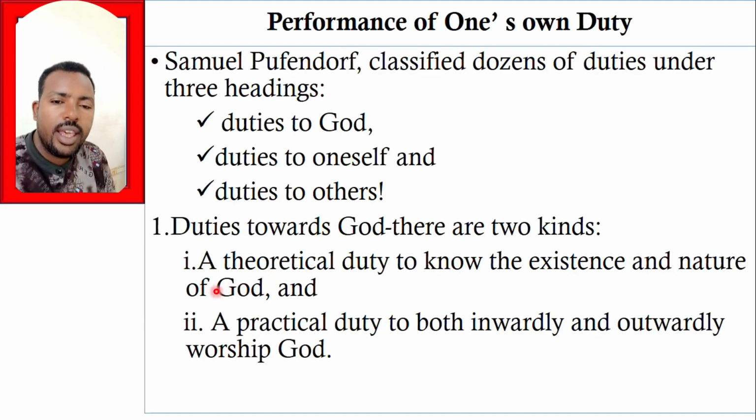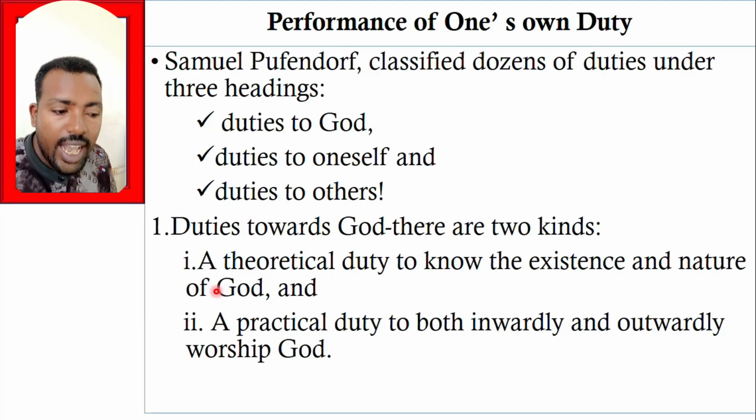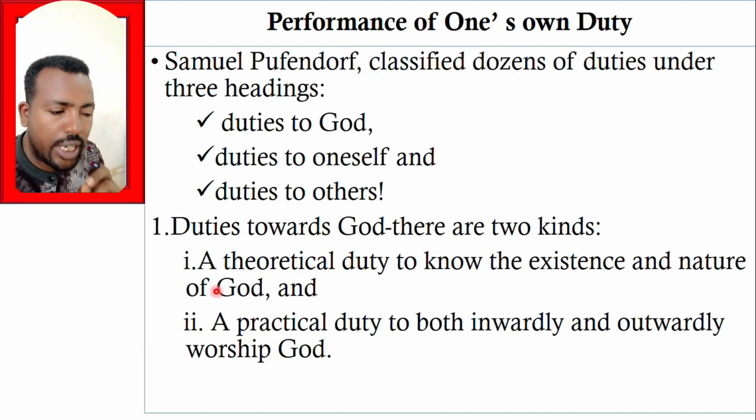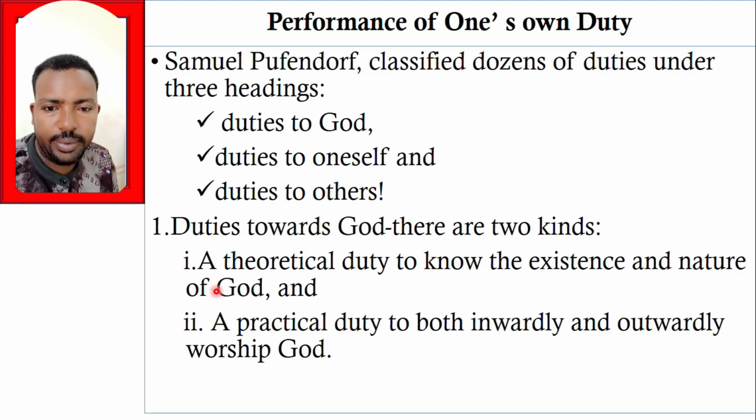We have the duty to theoretically know God and his existence, as well as his nature, attributes, likes and dislikes. So a person is responsible to theoretically know God's existence and about his attributes, nature, and character.